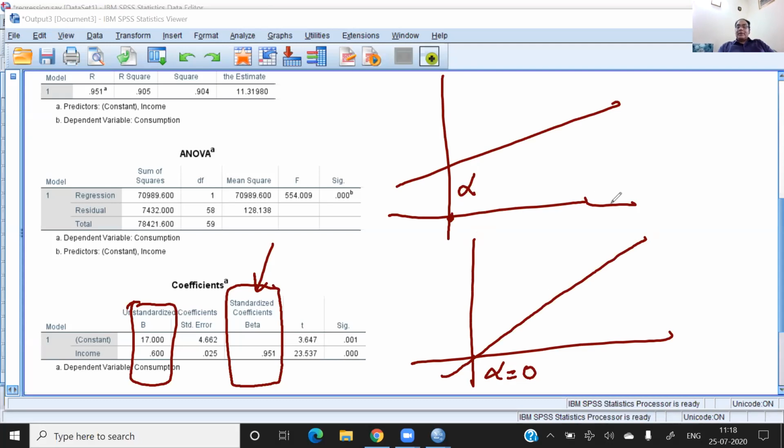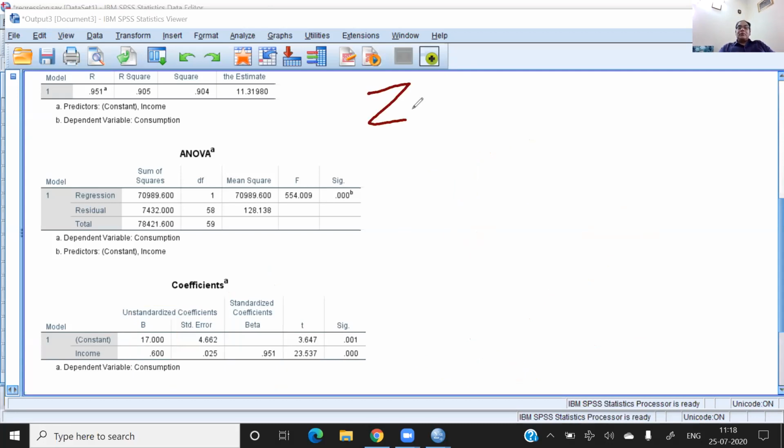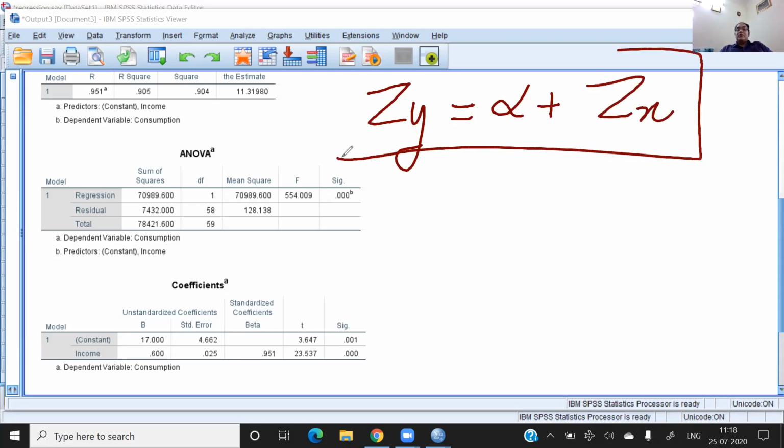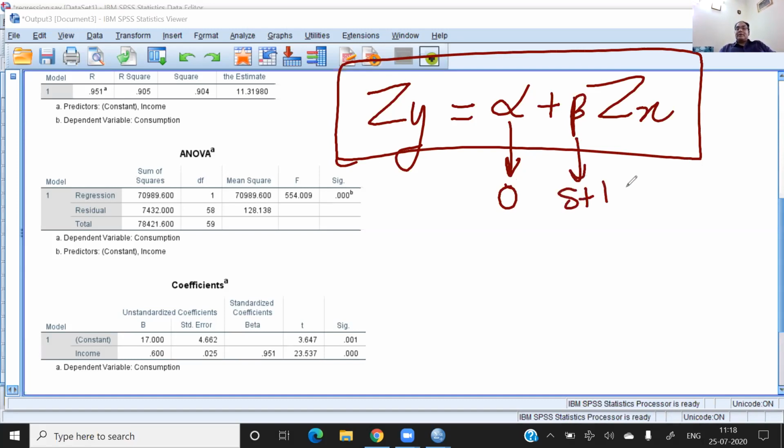What to do? Now we apply a new regression model: z score of y equal to alpha plus beta times z score of x, right? When you apply this regression, the alpha becomes automatically 0, and this beta is known as the standardized beta.